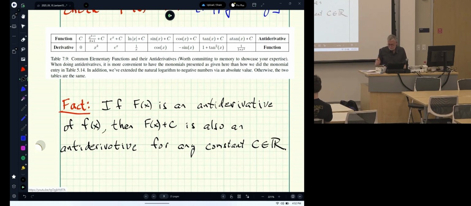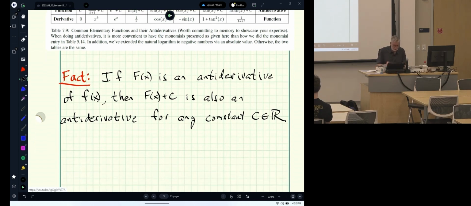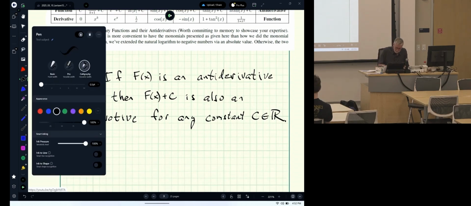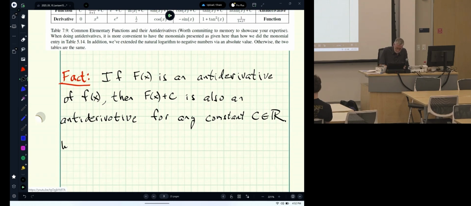We'll typically take our constants c to be real numbers, but in theory, they could be complex numbers. It doesn't really matter. Why is this true? Because if I do d by dx of F of x plus c, that's F prime of x plus c prime.